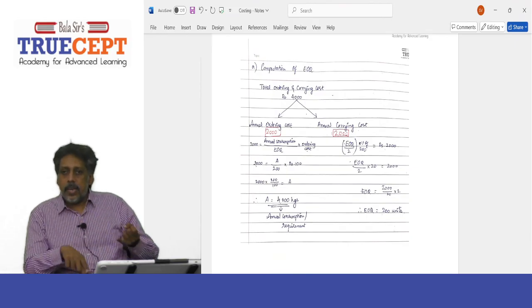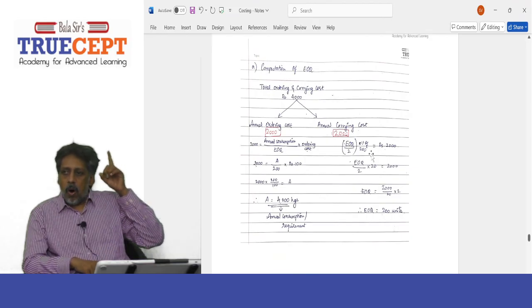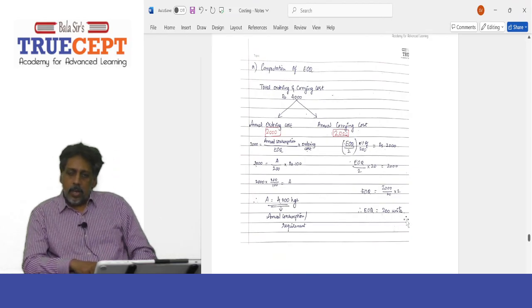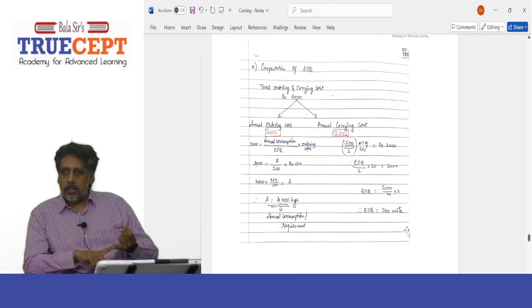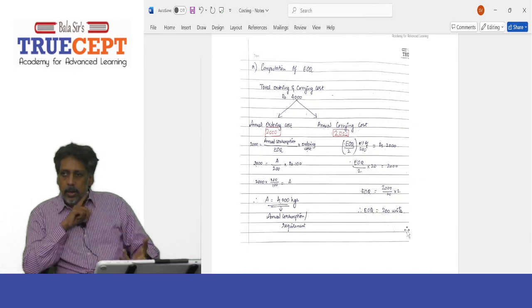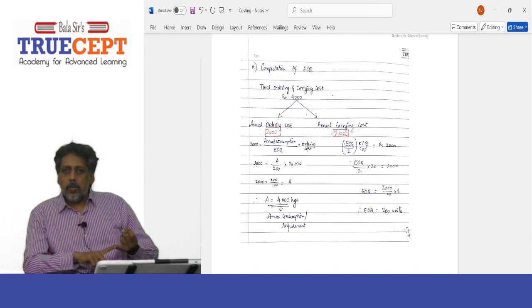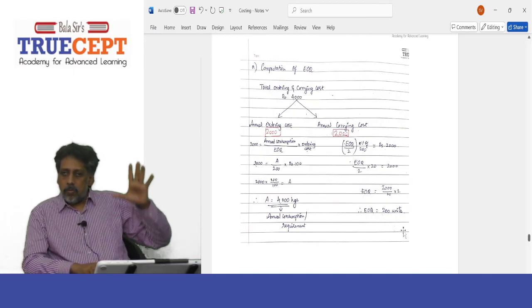Rupees 20 per unit. How 20? 10% of rupees 200. Is that fine? Now, when I solve this equation, I get EOQ as 200 units. But I will not stop here. I will go ahead and calculate the annual requirement. We know the formula.